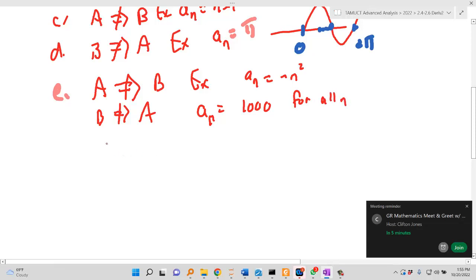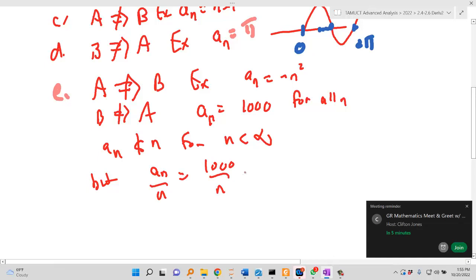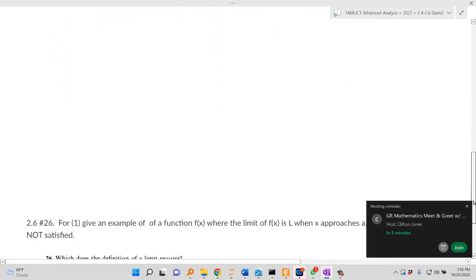Now, certainly a1 is not less than 1. n is not less than n for n less than 1,000. But certainly, an over n is equal to 1,000 over n, and that goes to 0. So that's the example of this one. It asked you to give examples of that.